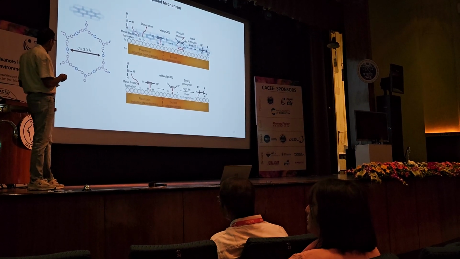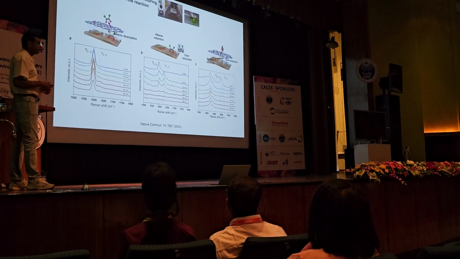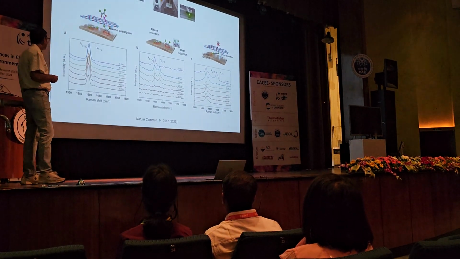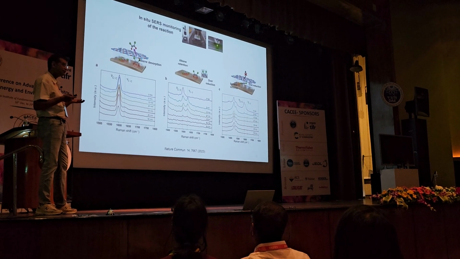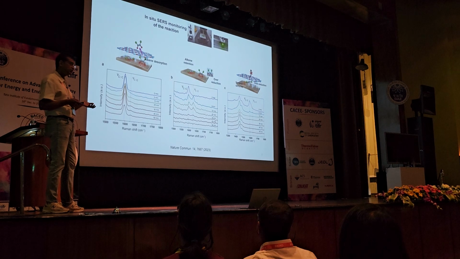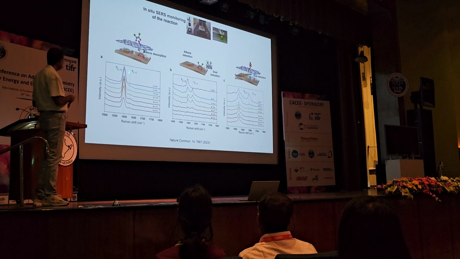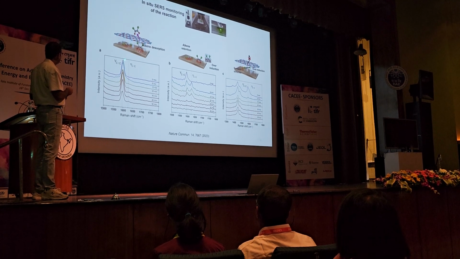Then we wanted to know what is actually happening. So for that we did some in situ reaction monitoring experiments. As you know, plasmonic nanocrystals are very good at enhancing Raman signals, and you can use them for very sensitive detection during the reaction. So when we have the overlayer here, the alkyne peak is this one.